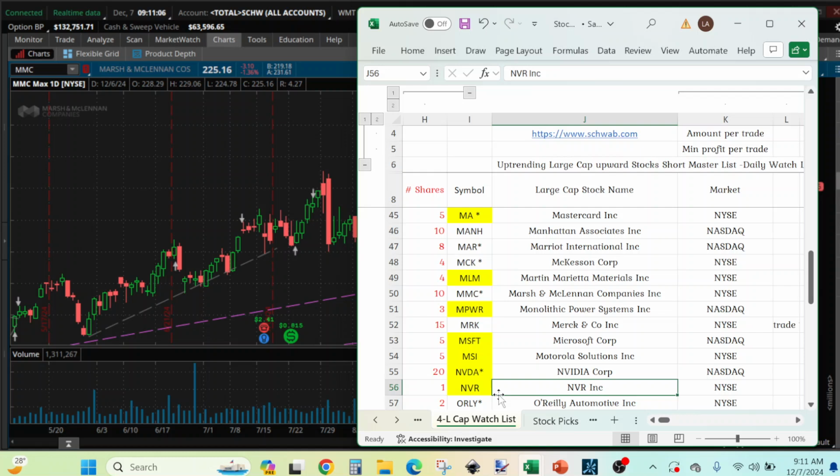ORLY. So ORLY, we do have a 6-month trend line here, and let's see, last year, yeah, I just prefer to wait on it because it'll come back to it.